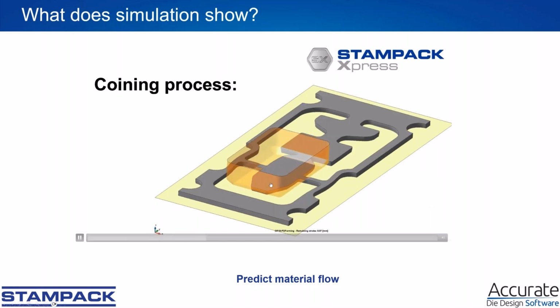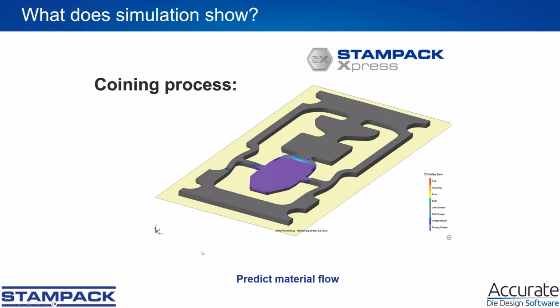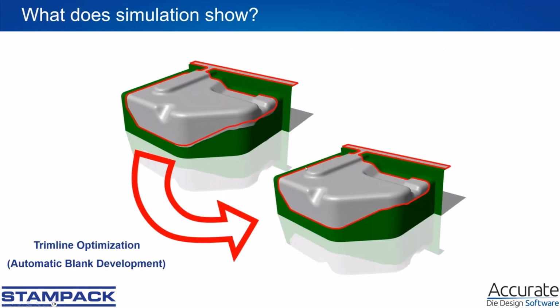And the software predicts you the material flow, and with our technology for trimline development, the so-called trim optimizer, the initial outline is changed automatically, yeah, to get the outline finally in tolerance.